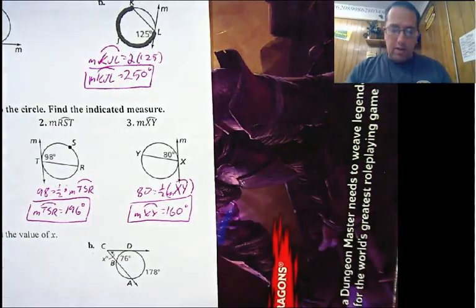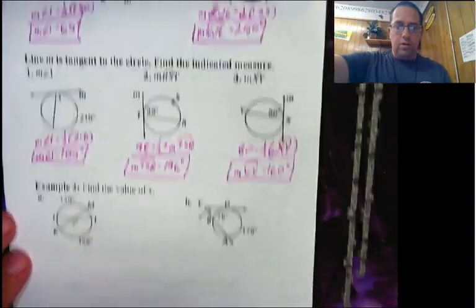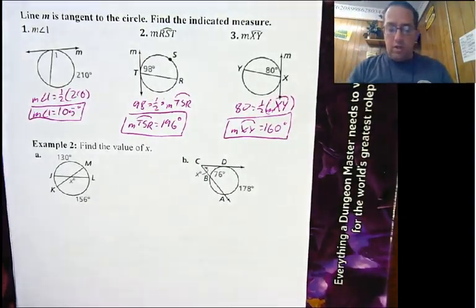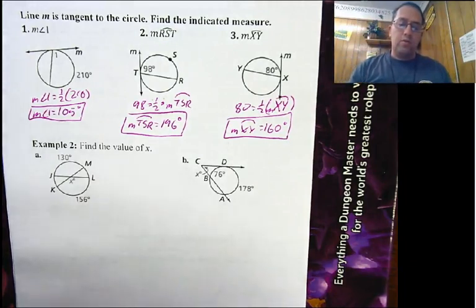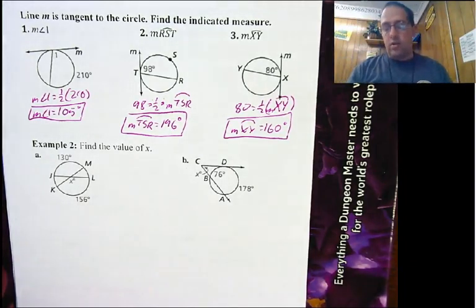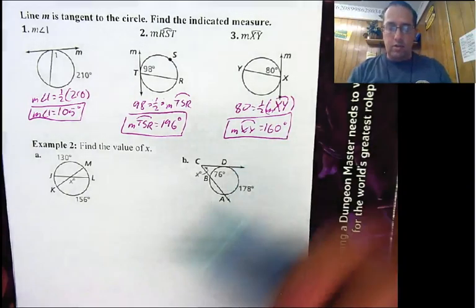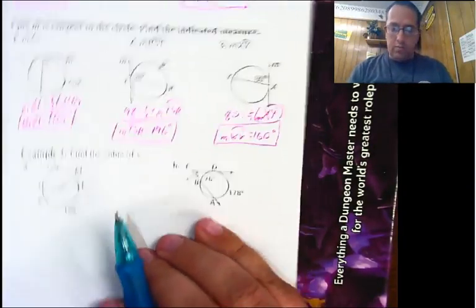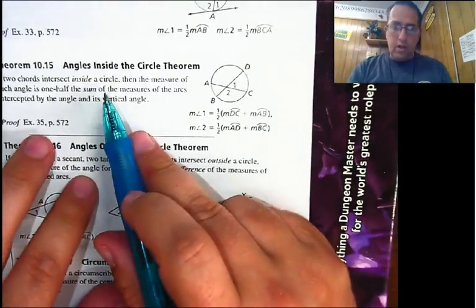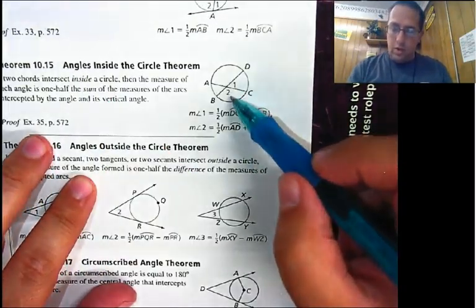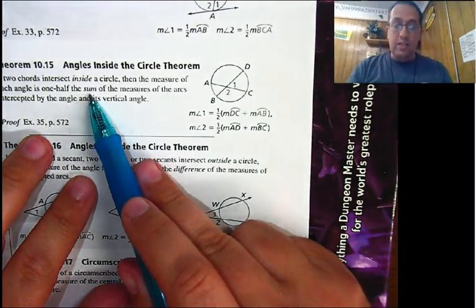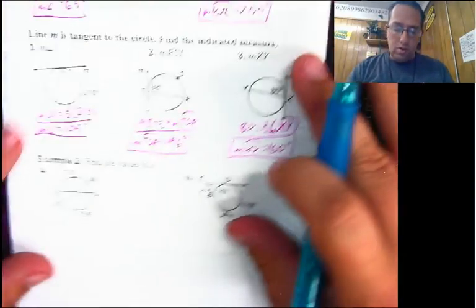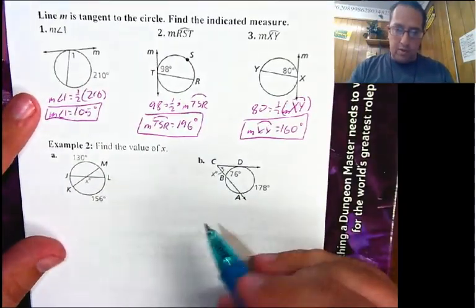All right, let's take a look at example 2. Find the value of x. So here we are looking at angles inside the circle and angles outside the circle, right? If you remember, angles inside the circle are 1/2 the sum of the intercepted arcs.